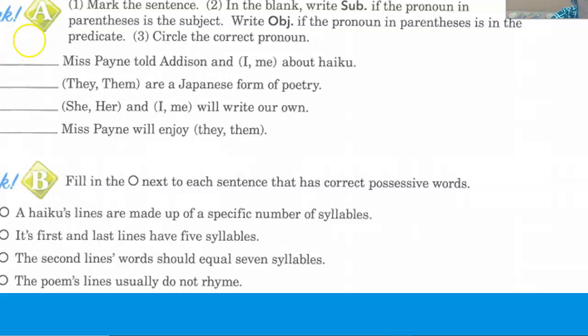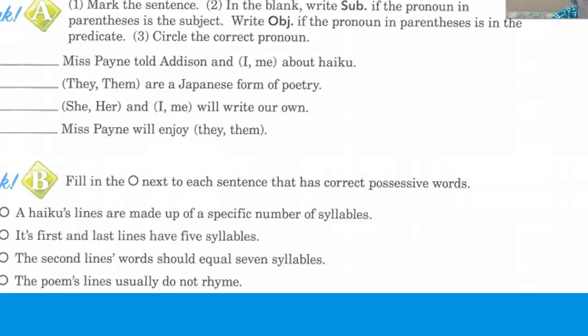All right, for number 1, we should have a line after Payne before told, underlining Miss Payne once, told twice. The pronoun circled should be me because it comes after the verb, making it objective. Number 2, they, them are Japanese form of poetry.